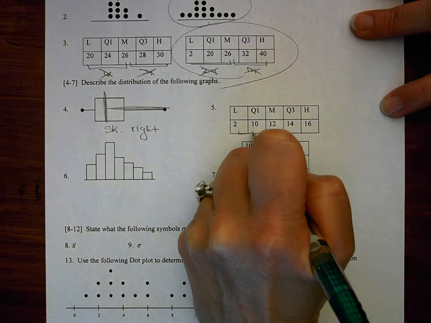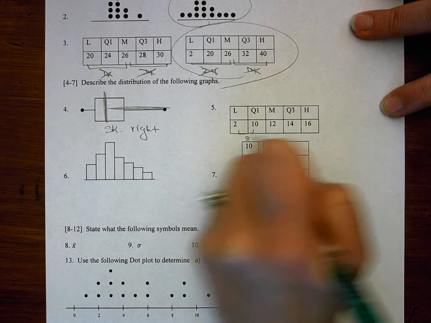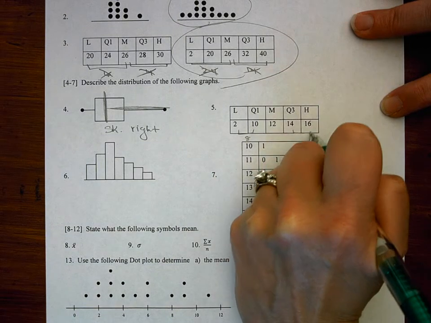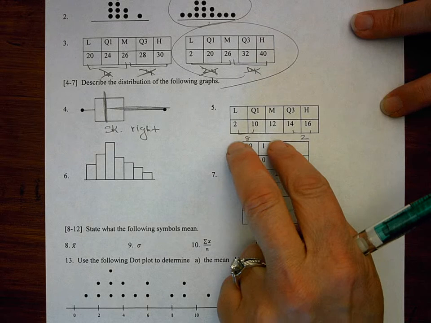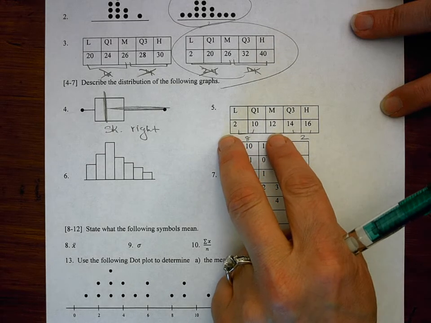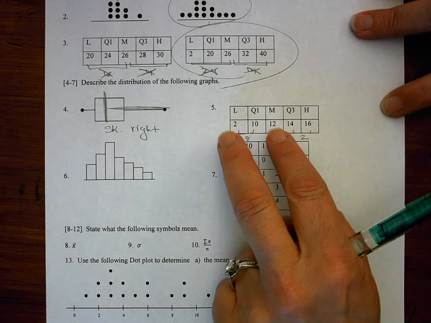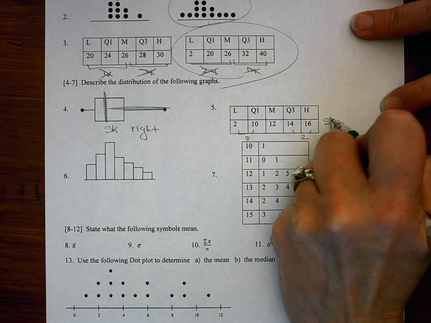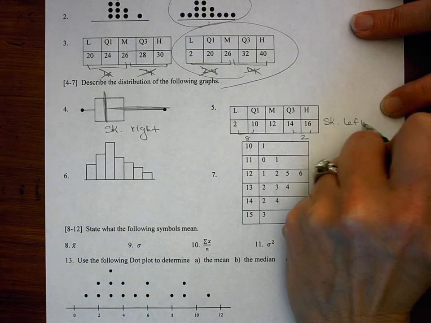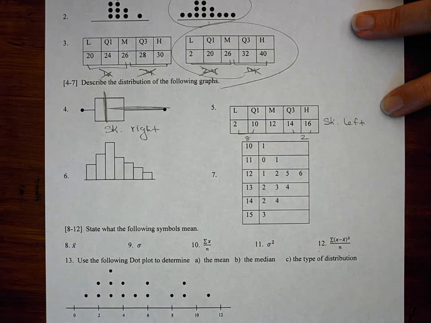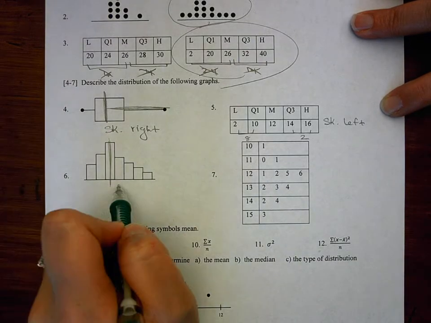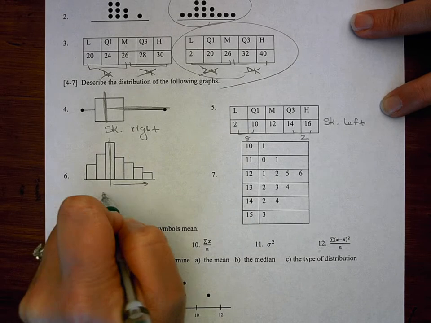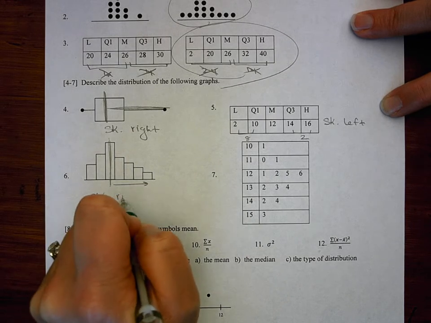If I look from 2 to 10, from 14 to 16, I have a longer spread over here, so this would be skewed left. If I look at my curve here, I have more this way, so this would be skewed right.